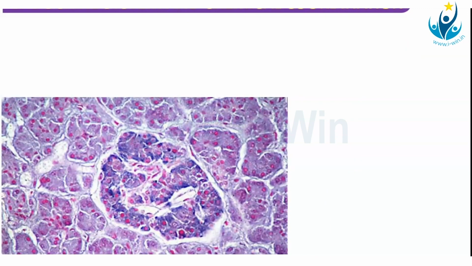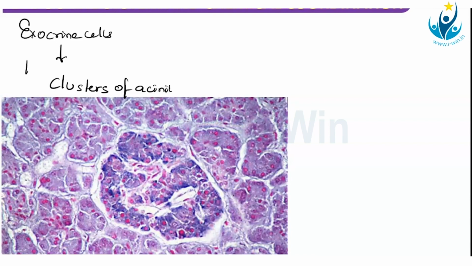Now the pancreas contains two types of cells. The first type of cells that are shown here with this arrow are called the clusters of acini. Now these clusters of acini are basically exocrine cells whose secretions, which form what is called the pancreatic juice, enter into the small intestine using a duct called the pancreatic duct.